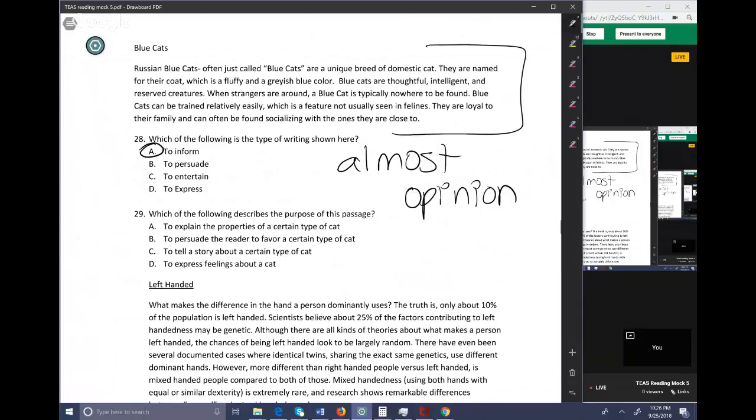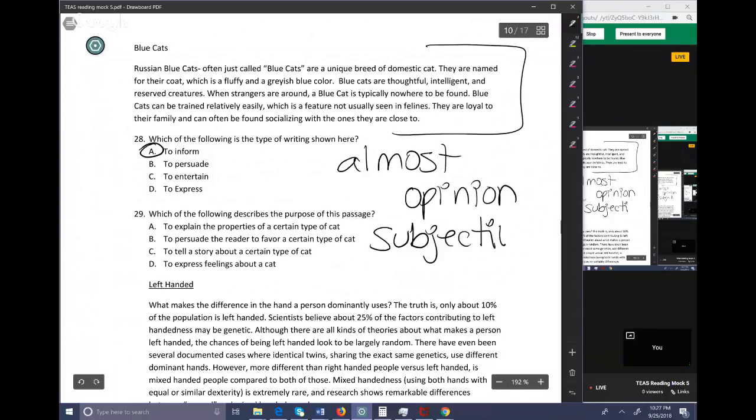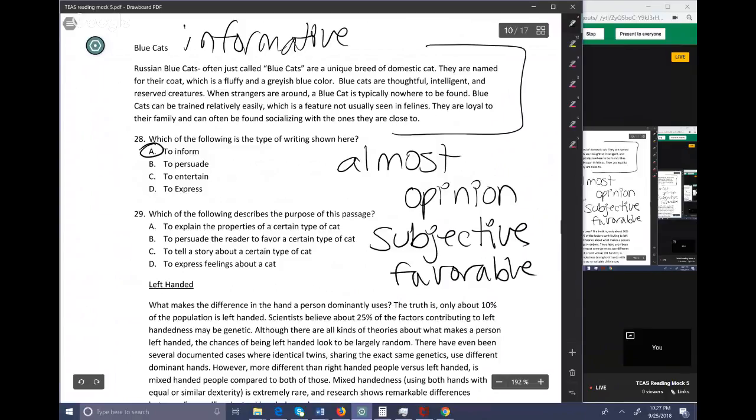So it's not that opinionated, but they're also not saying they're brown, they're about 7 inches tall, they jump this high. It's also not a statistical description. So they're choosing very subjective ways of describing these cats that seem favorable to them. So essentially what you have is an informative passage with a favorable tone. You have somebody who's informing you about these cats who has favor toward the cats.